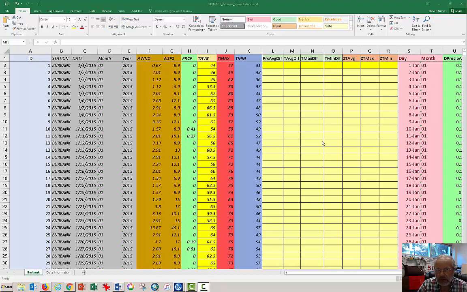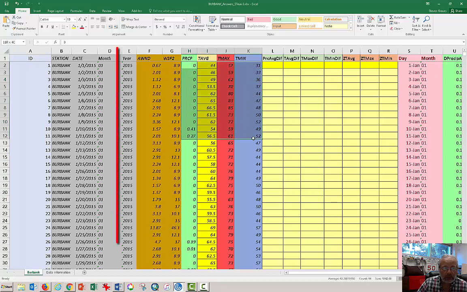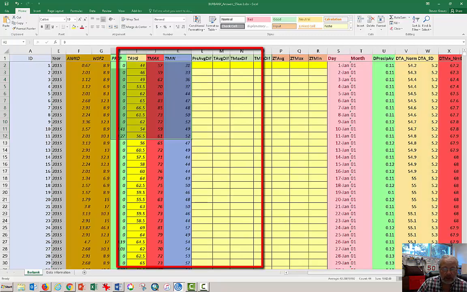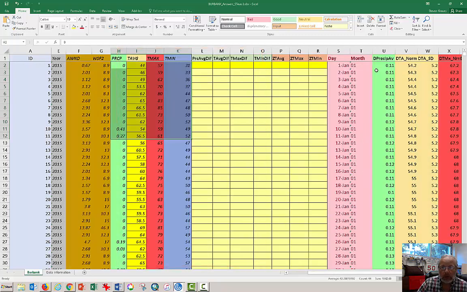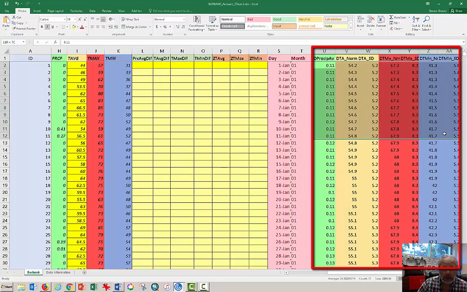In this segment of the video, what we're going to do is begin comparing our daily weather observations from the 3 study years, so these columns on the left, against the climate normal data over here on the right.